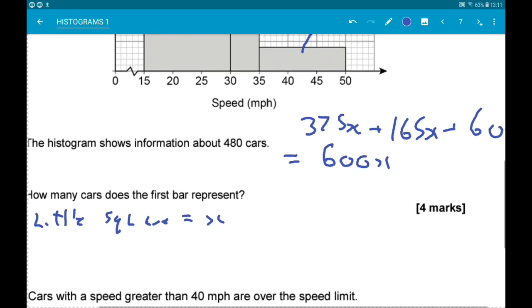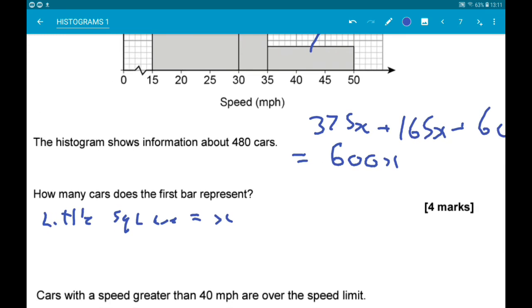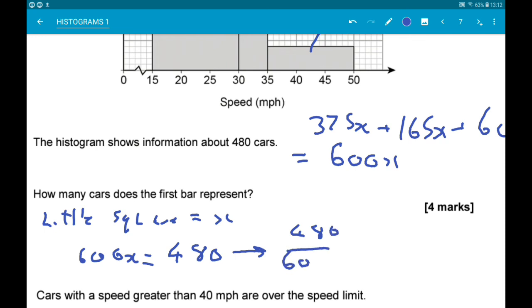So 600x is equal to 480. So x is 480 over 600, which is 0.8.